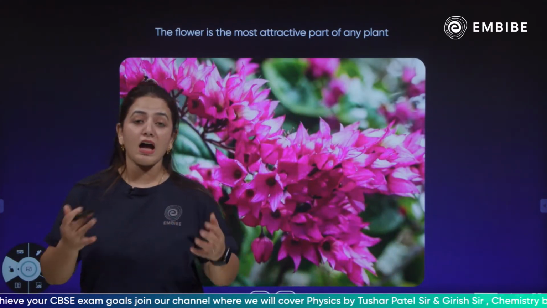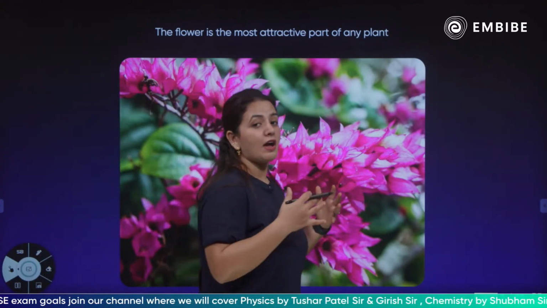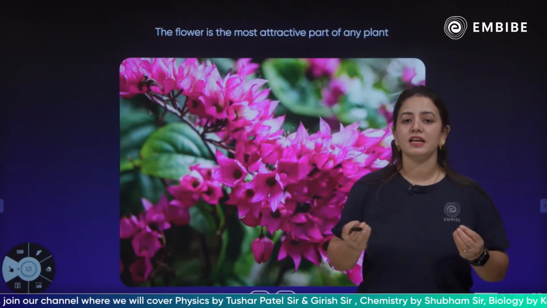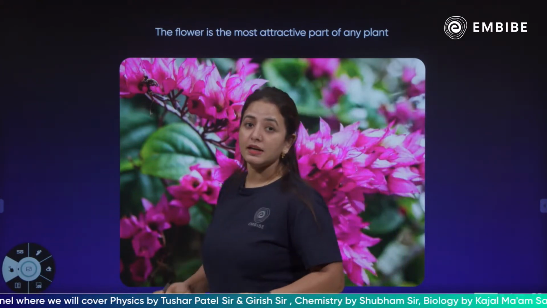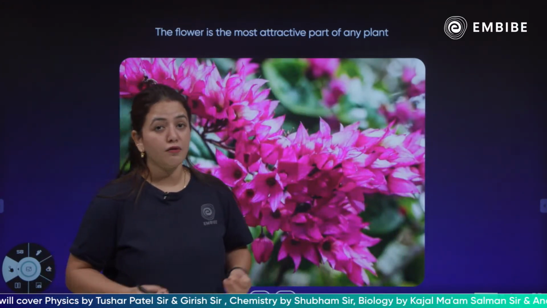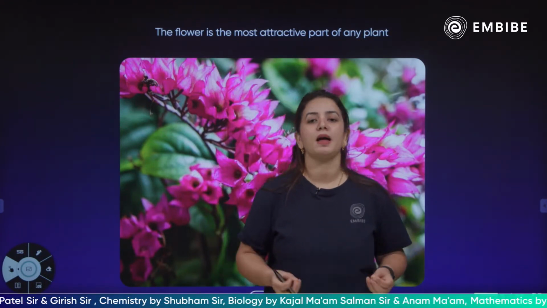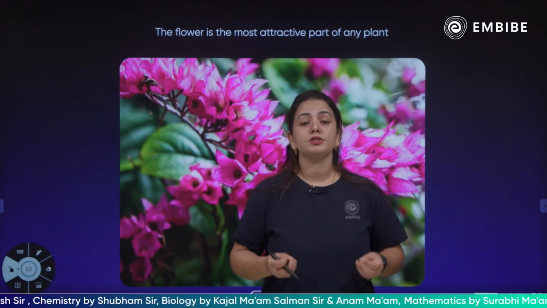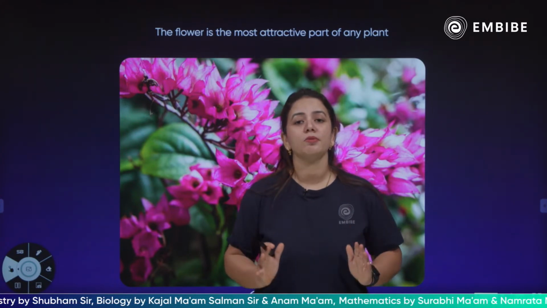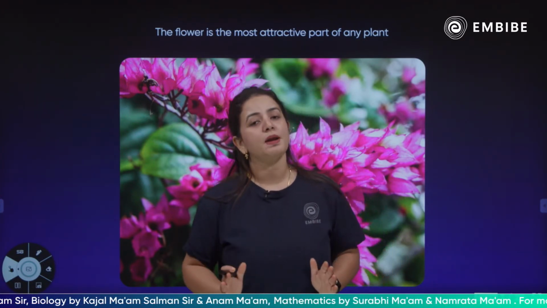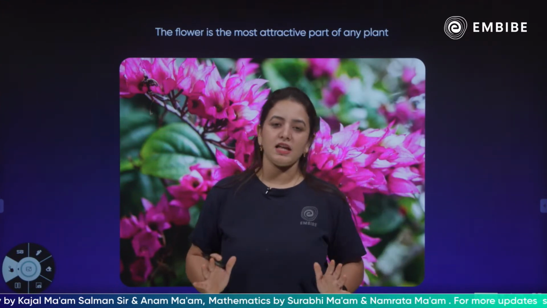To have new flowers, new fruits, everything is because of the flowers, because they have this reproductive part. The angiospermic plants, of course you know because you have learned the plant kingdom, have flowers, and the plants which bear flowers are the most advanced in the plant kingdom. We will discuss that also.